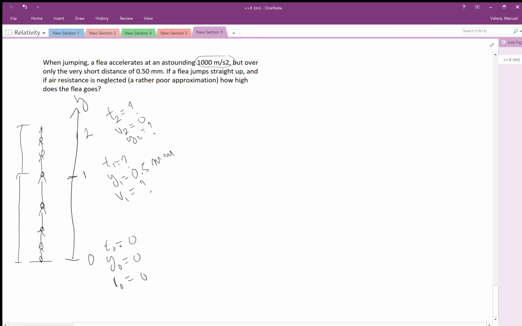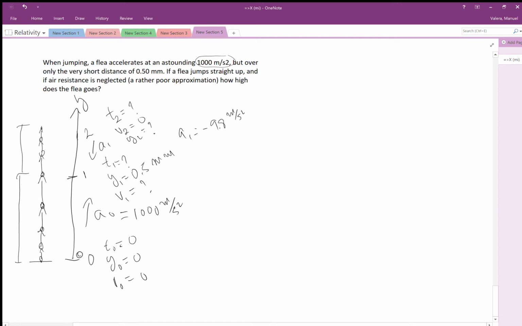So the flea accelerates with a0, and a0 is equal to 1,000 meters per second squared, and then from here to here it goes with a1, and a1 is equal to minus 9.8 meters per second squared, which is gravity. So that is our problem.